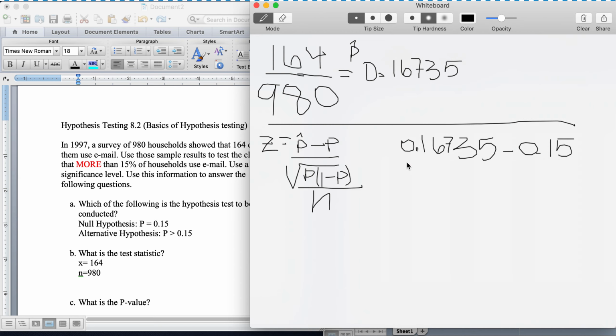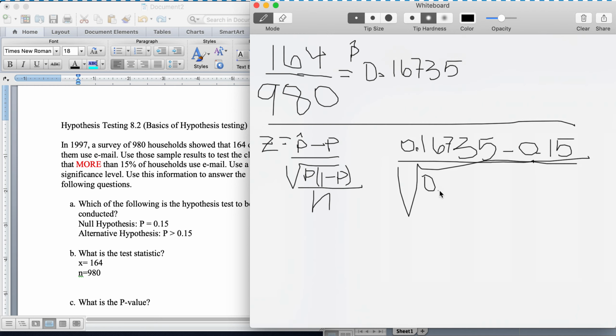Okay, and then we divide that by the square root of 0.15 times, we're just going to do 1 minus 0.15 really quick, just so we don't have the extra step.